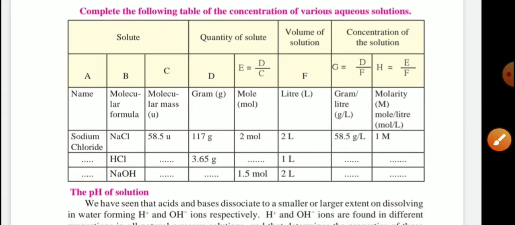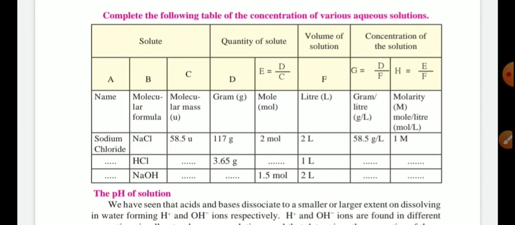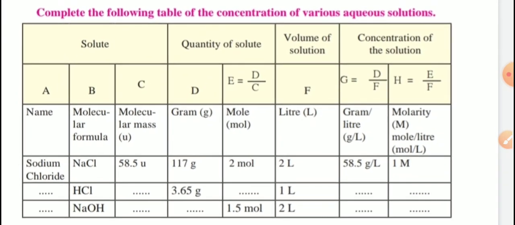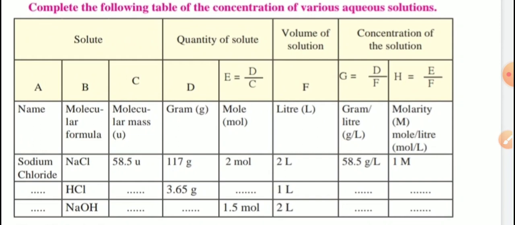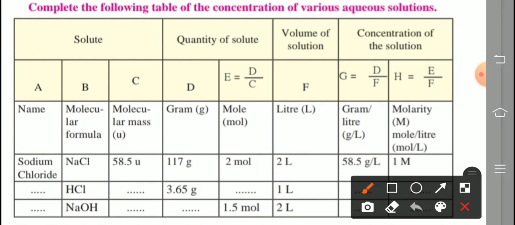Now in this table, some examples are given. Complete the following table of concentration of various aqueous solutions. The first column is the solute, then the quantity of solute, then the volume of solution, and the concentration of solution. Check that carefully.